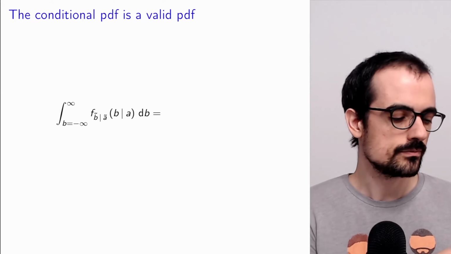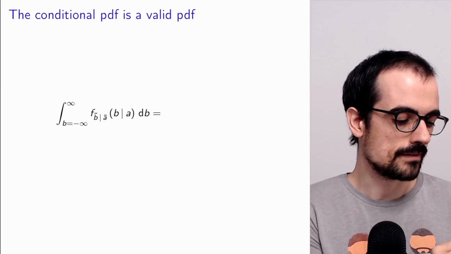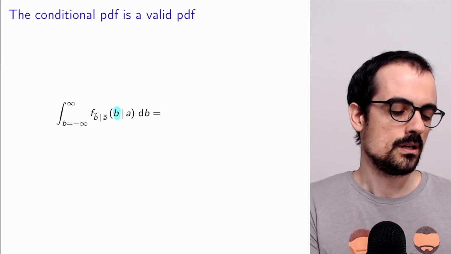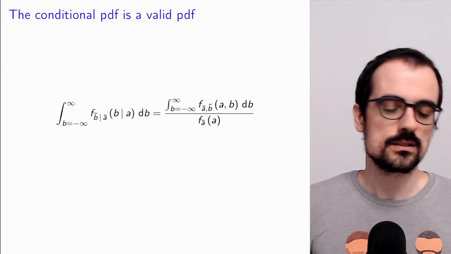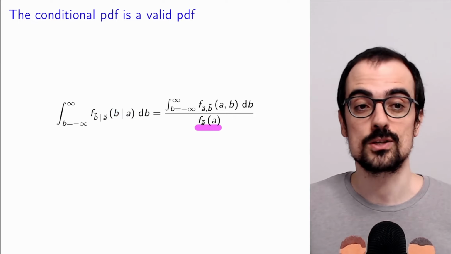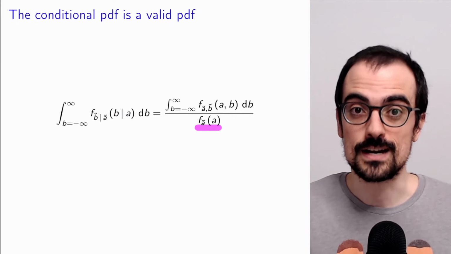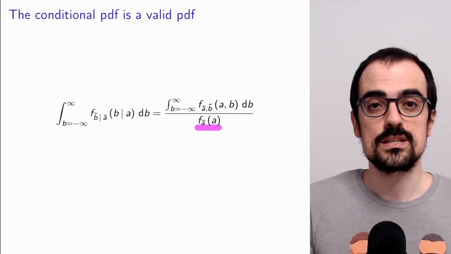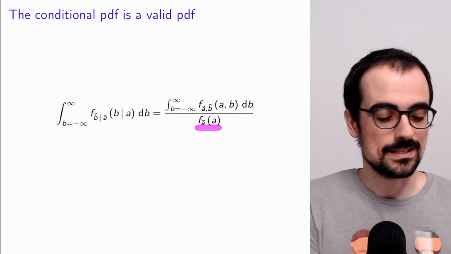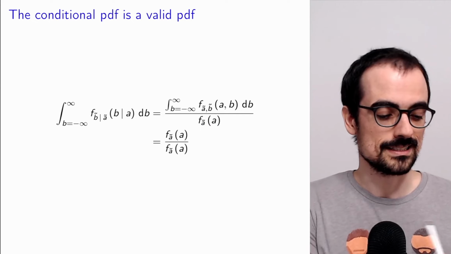So what happens if we integrate it with respect to the variable over which we're computing the density, which is b? We just plug in the definition. Remember that this is just a normalizing constant because we're conditioning on a particular value of a. What happens if you integrate the joint PDF over b? You get the marginal. So this will cancel out to 1.